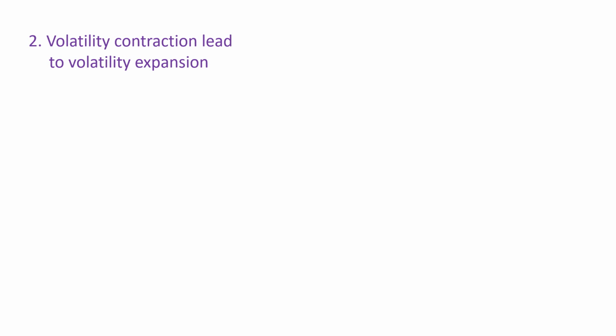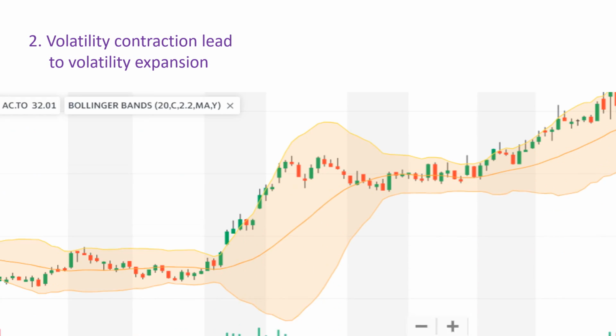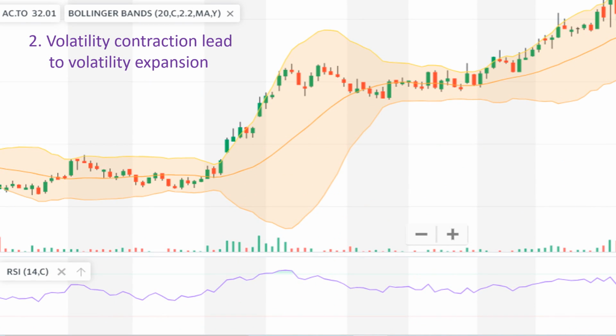The second golden trading strategy is volatility contraction leading to volatility expansion. This is the price trend of Air Canada stock, D1 time frame, Yahoo Finance. I installed Bollinger Band and RSI to demonstrate volatility contraction leading to volatility expansion.